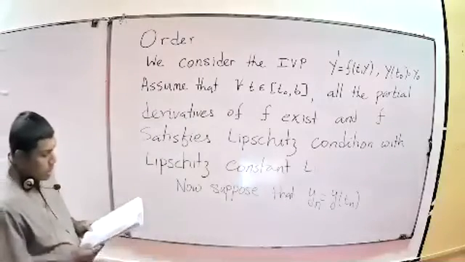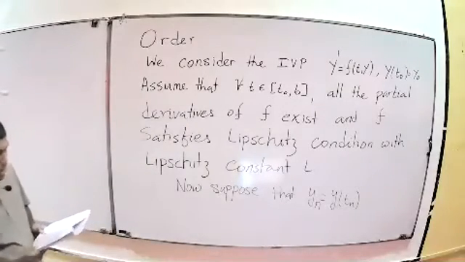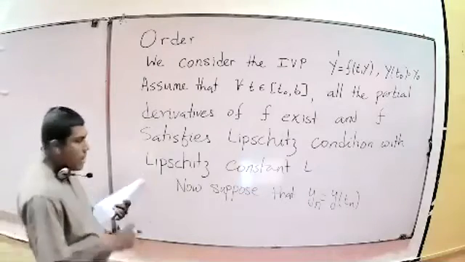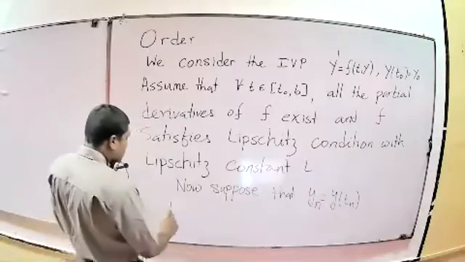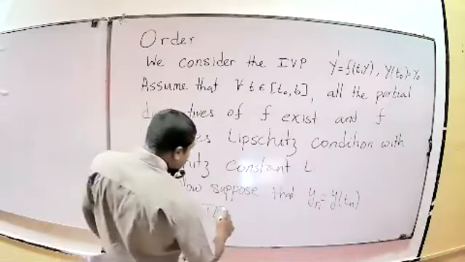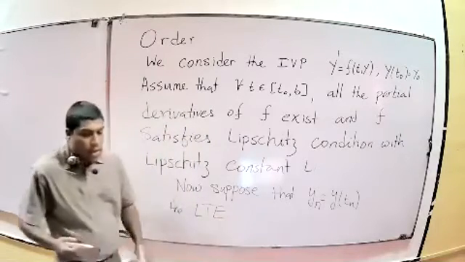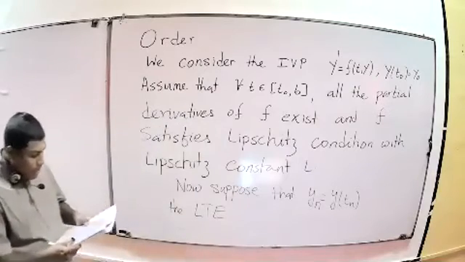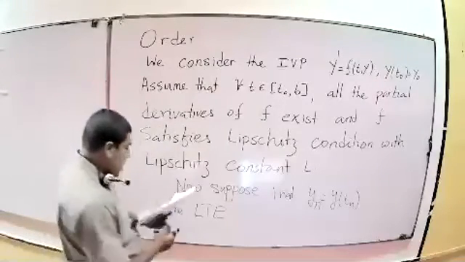If we assume that both of them are the same, then how do we define the local truncation error? I am using the notation LTE, which I used earlier as well for local truncation error.